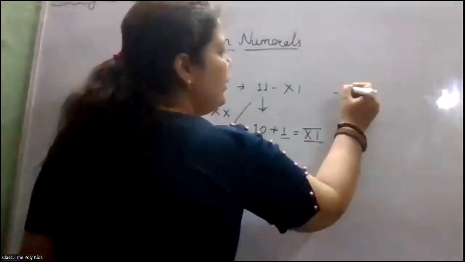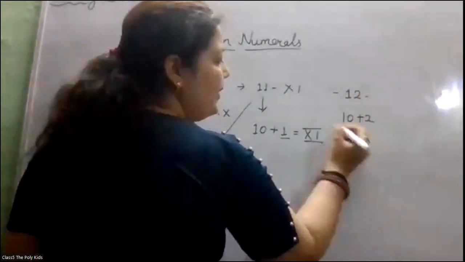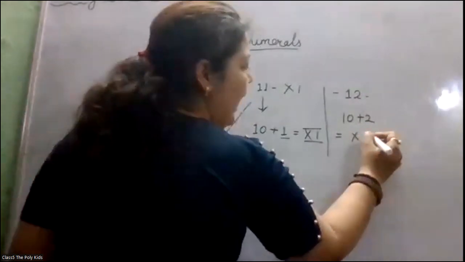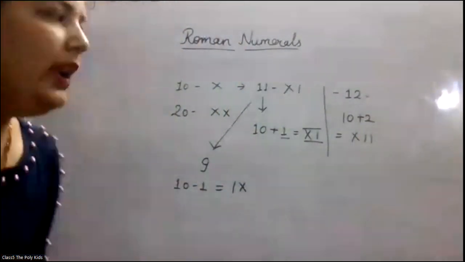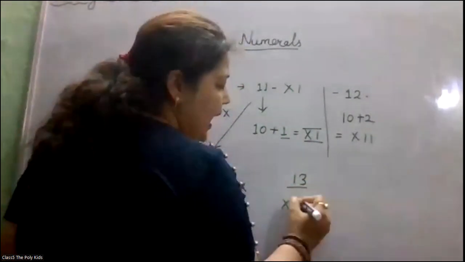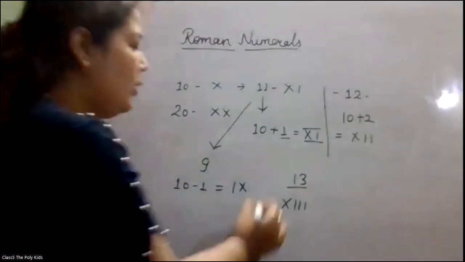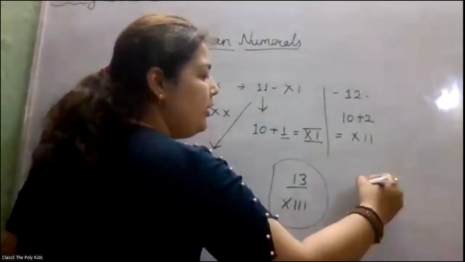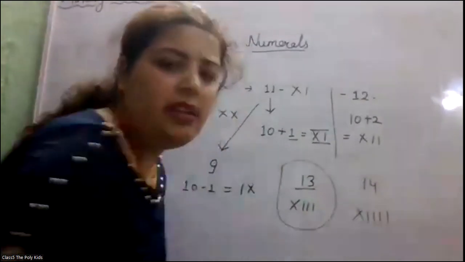If we have 12, it will be 10 plus 2, like XII. Then 13, XIII, 10 plus 3 is 13. Then 14. So I will write XIV.